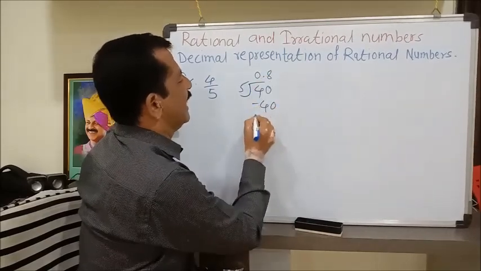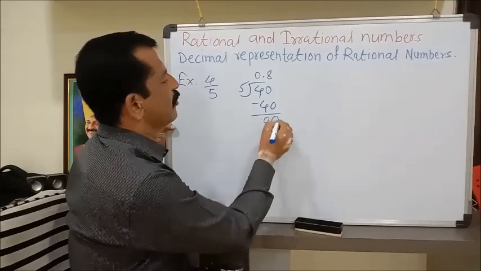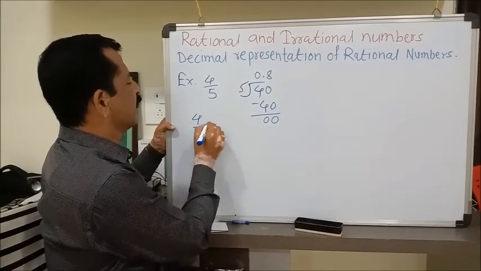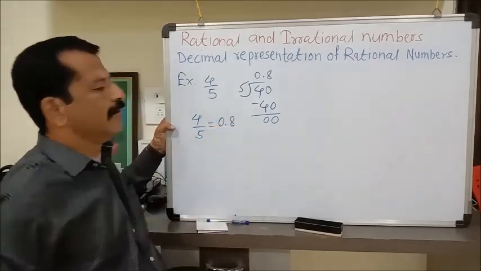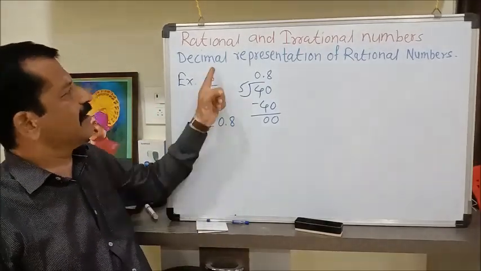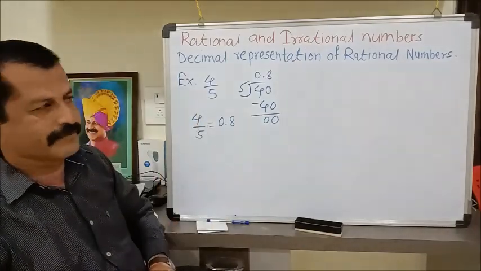The quotient is 8, 5 8s are 40, remainder is 0. That means the rational number 4 by 5 can be written in decimal form as 0.8. 0.8 is the decimal representation of 4 by 5.